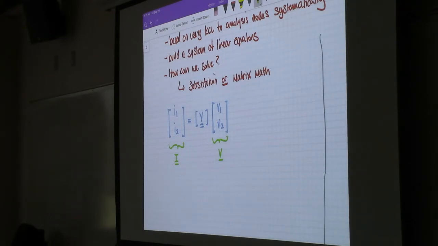This is the admittance matrix. Does the underlining, is it for emphasis or does it actually mean something?